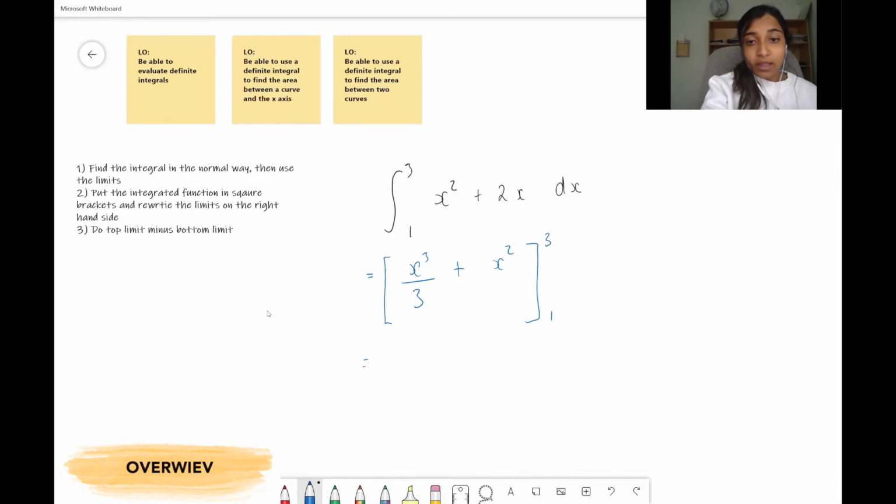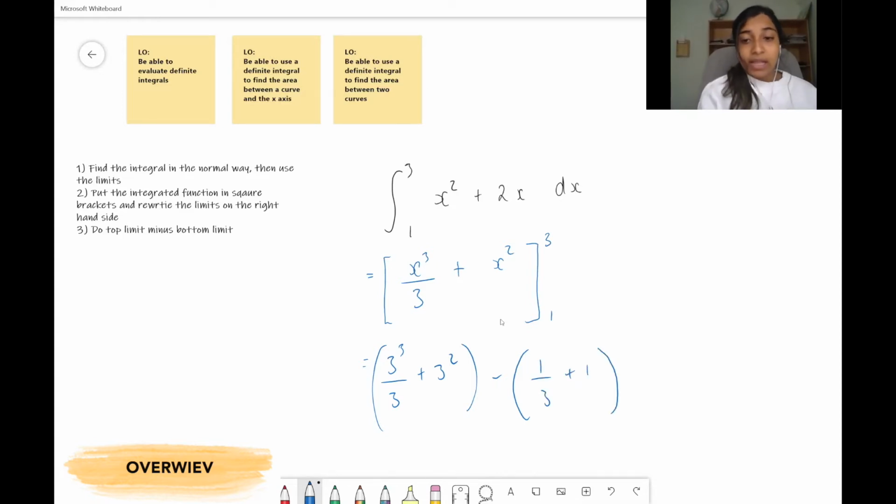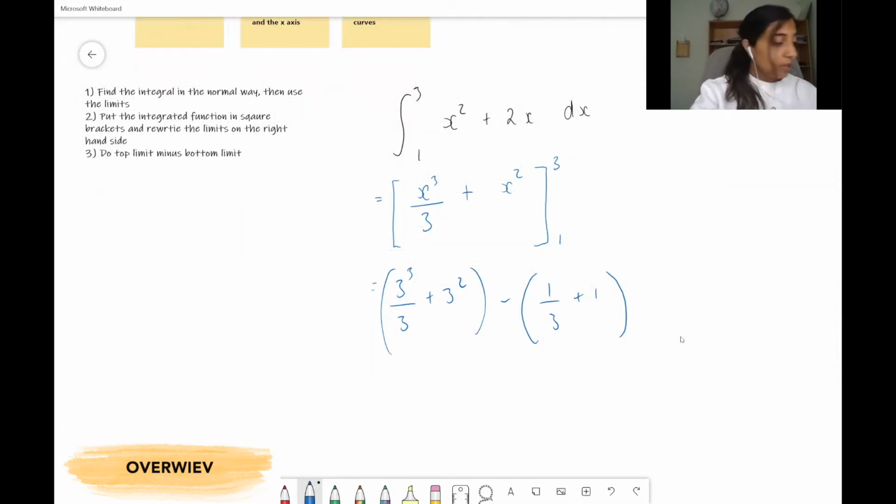So if you plug x equals 3 in first, you'd get 3 cubed over 3 plus 3 squared. So that's your top limit minus your bottom limit. So it's just 1 cubed over 3 plus 1 squared. And then if you plug that in your calculator, you should get that as equal to 38 over 3.